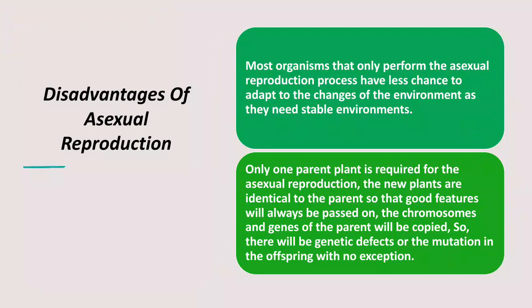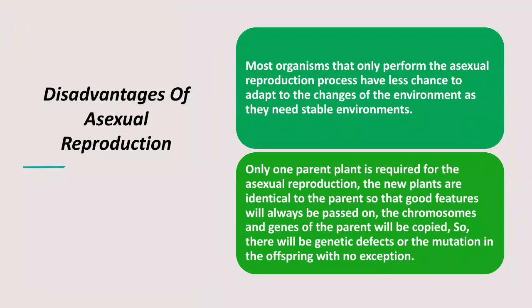Disadvantages of asexual reproduction. Many organisms that only perform the asexual reproduction process have less chance to adapt to changes of environment as they need a stable environment. Only one parent plant is required for asexual reproduction.